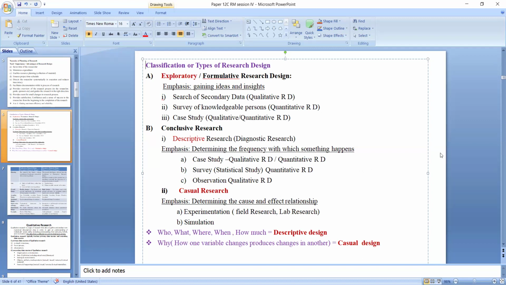Who can we call as knowledgeable persons in research? Can anyone tell me? Who can we call knowledgeable persons as far as research is concerned? Probably this will go back to the skill sets or the subject matter expertise in the field of research, ma'am. Very generic answer, but okay.